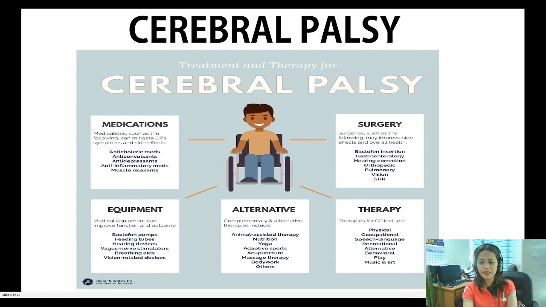We also have therapy. Therapies for cerebral palsy include physical, occupational, speech-language, recreational, alternative, behavioral, play, music, and art. And lastly, we also have alternative treatment for cerebral palsy. Complementary and alternative therapies include animal-assisted therapy, nutrition, yoga, adaptive sports, and etc.